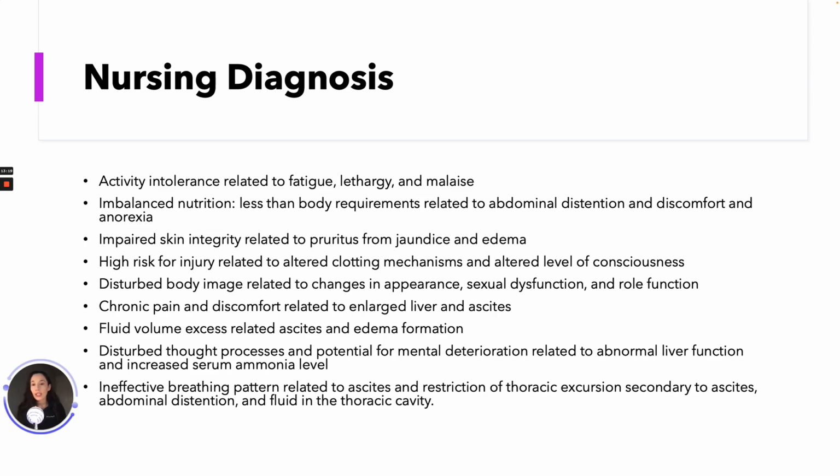Activity intolerance related to fatigue, lethargy, and malaise; imbalanced nutrition, less than body's requirements, related to abdominal distension and discomfort and anorexia; impaired skin integrity related to pruritus, jaundice, and edema; high risk for injury related to altered clotting mechanisms and altered level of consciousness; disturbed body image related to changes in appearance, sexual dysfunction, and role function; chronic pain and discomfort related to enlarged liver and ascites; fluid volume excess related to ascites and edema formation; disturbed thought process and potential for mental deterioration related to abnormal liver functions and increased serum ammonia levels; an ineffective breathing pattern related to ascites and restriction of thoracic excursion secondary to ascites, abdominal distension, and fluid in the thoracic cavity.